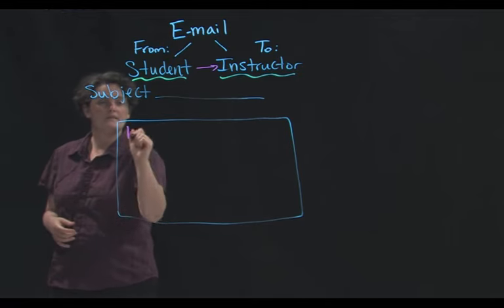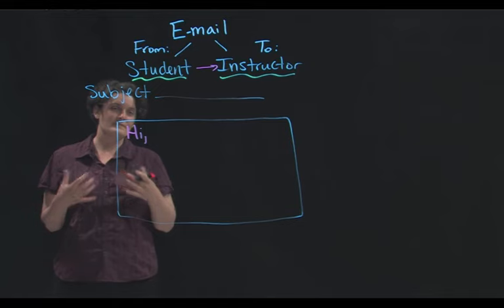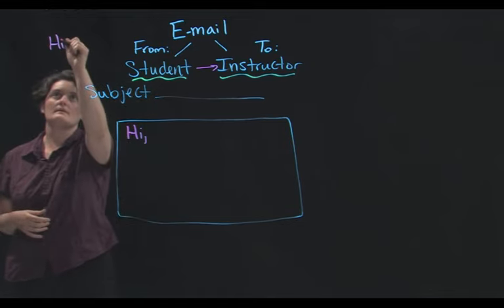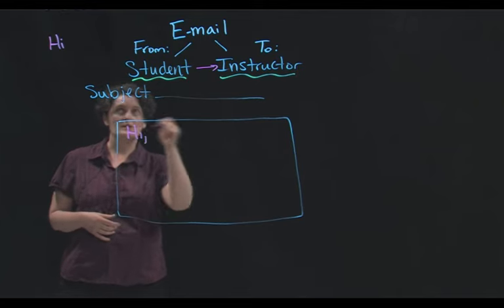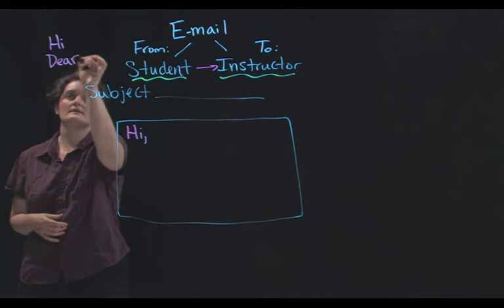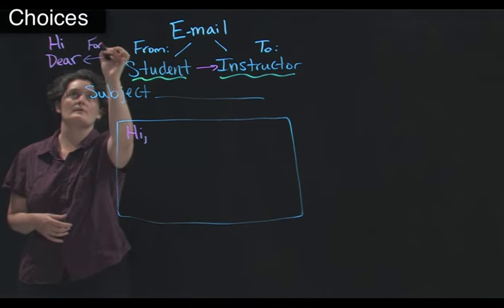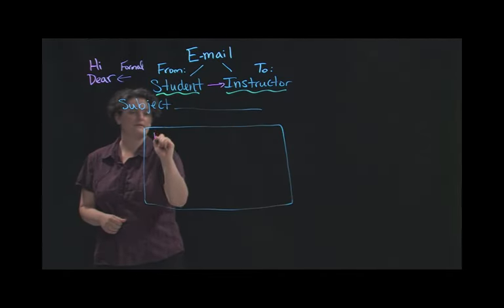So we started off with, "Hi." We have some different choices here. Hi would be maybe how I would start an email to a friend. Since I'm talking to an instructor, a different choice would be dear. This one is more formal. So now we've made a different choice.